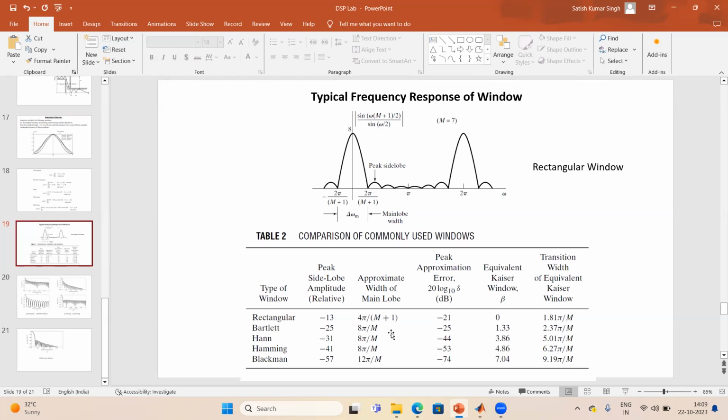You can do this simple calculation, please. So it will be 4 divided by M, where capital M is equal to 31. You can divide, and note down this point.